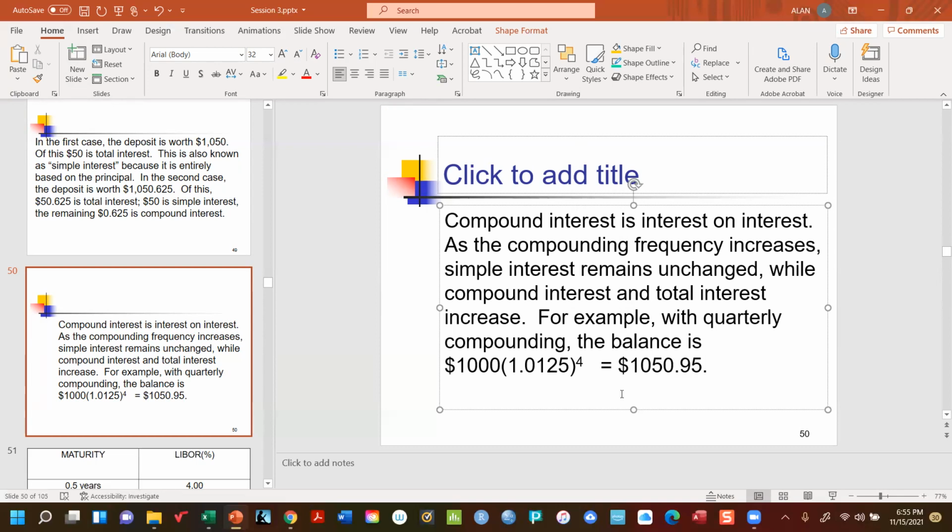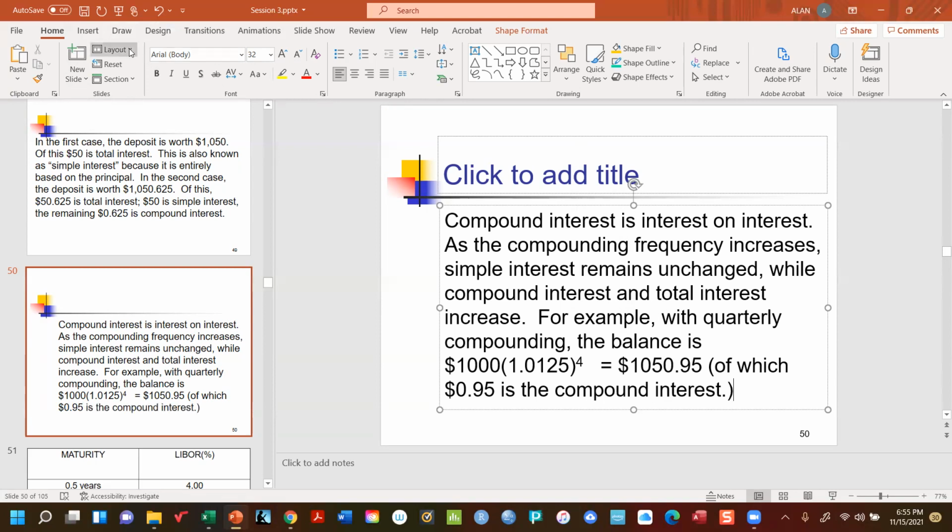So we keep increasing, and I'll put in parentheses, of which, of course, 95 cents is the compound interest.